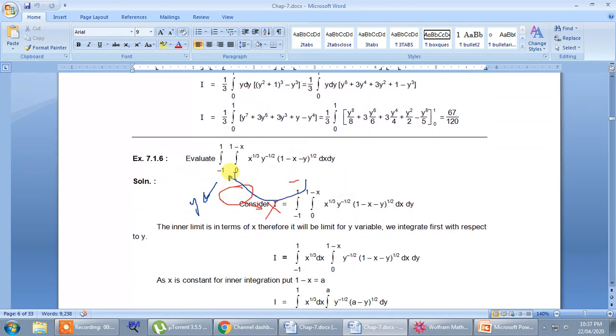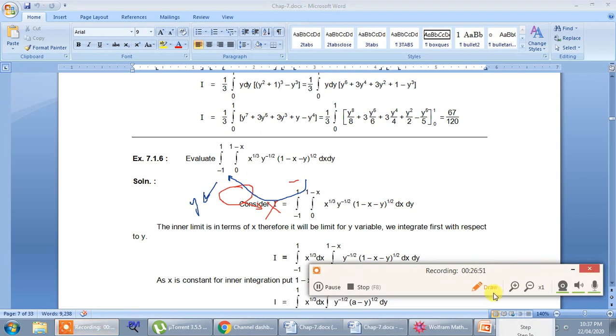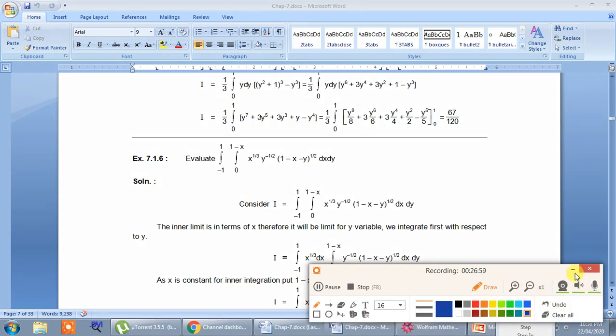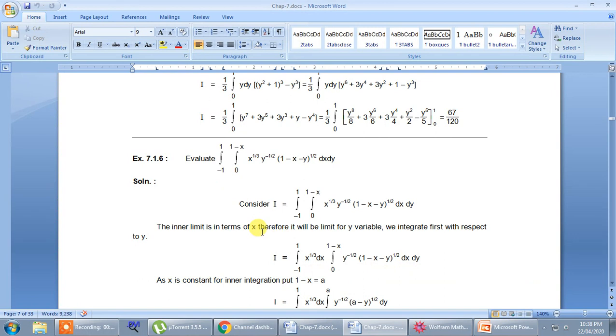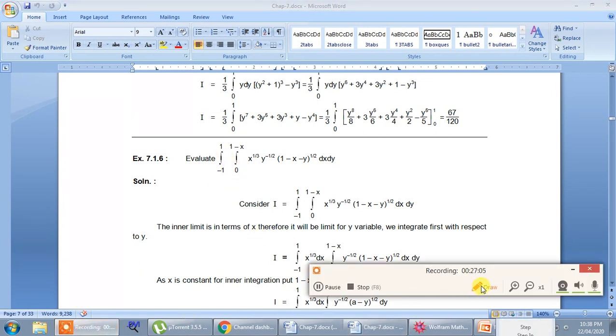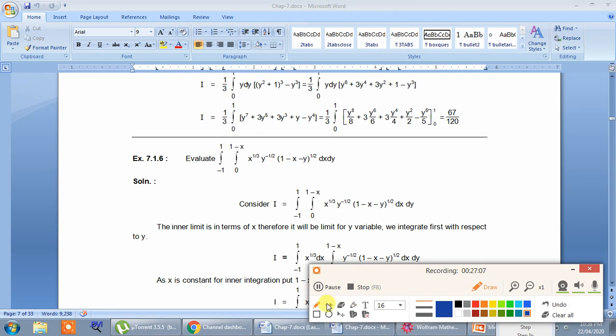Now this one is a very typical problem. In this problem, you will observe that the inner integration limit is in terms of x, therefore it will be the limit for the y variable.